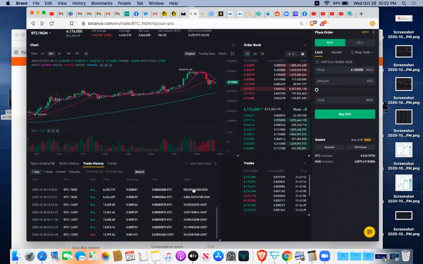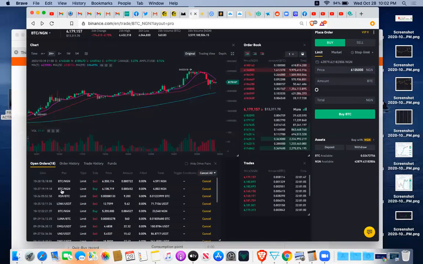Just like this, you can see all this being bought. If you look at it, the bot has already set some market orders ahead of time. Let me move on here.